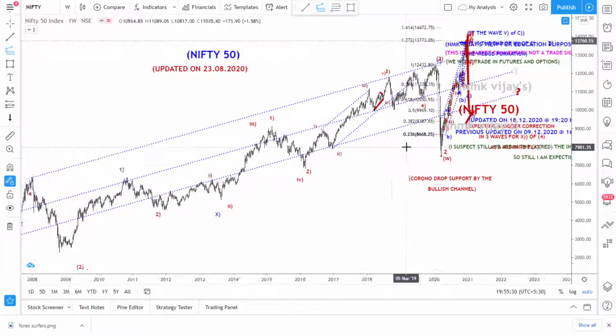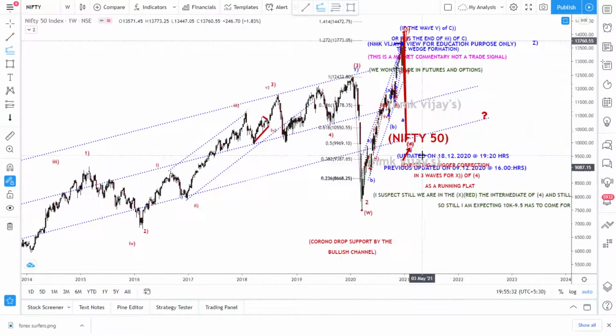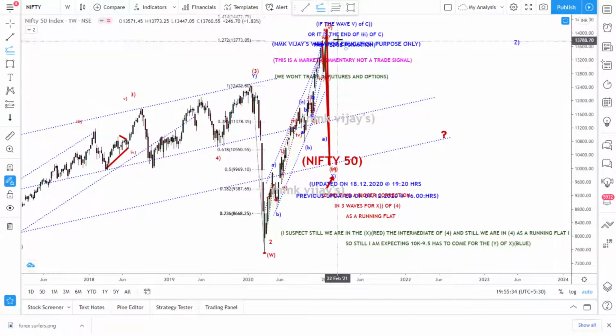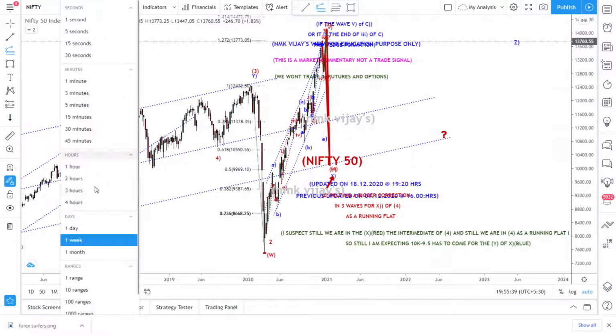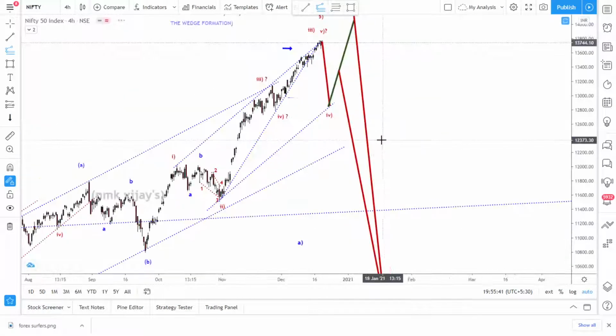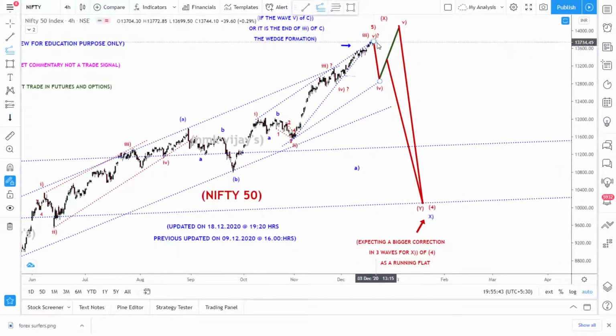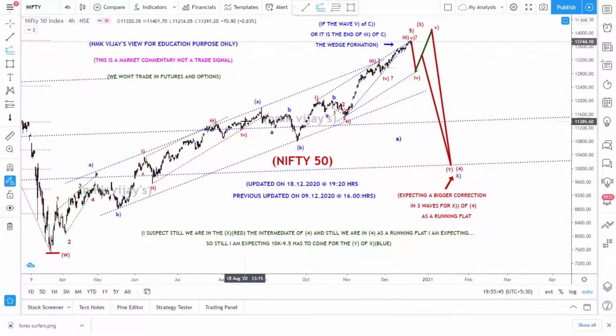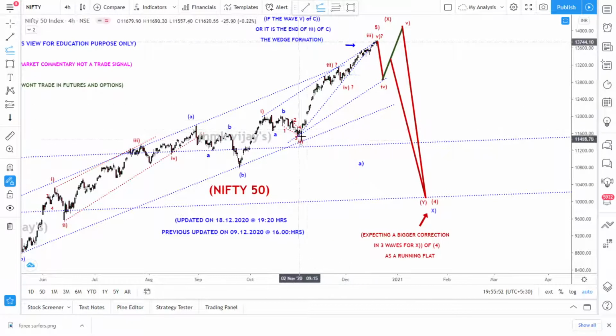So whether it is the fourth or we are in the irregular flat of the fourth, that is a question mark. So what we have to do is check whether it is an A B C as a W or A, it's a B. So 1 2, sometimes this wedge formation may happen in the third wave also, and again it will change to that channel.